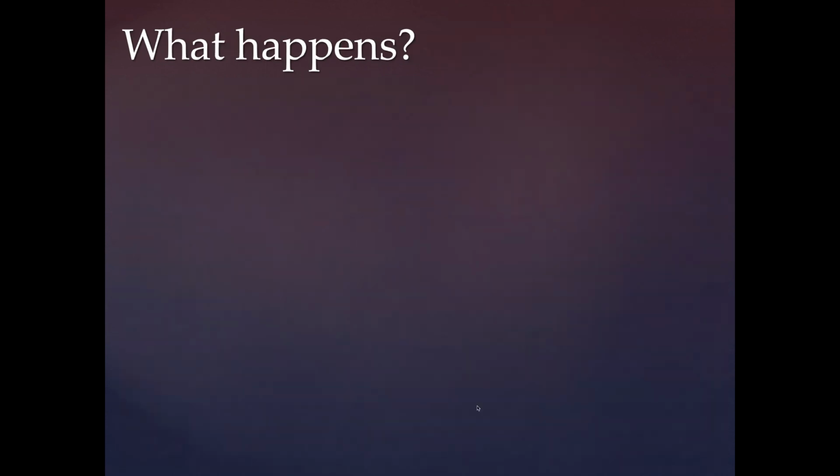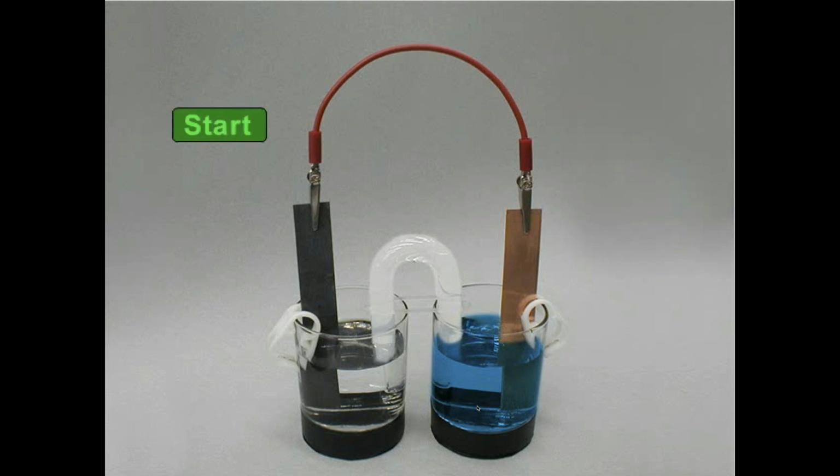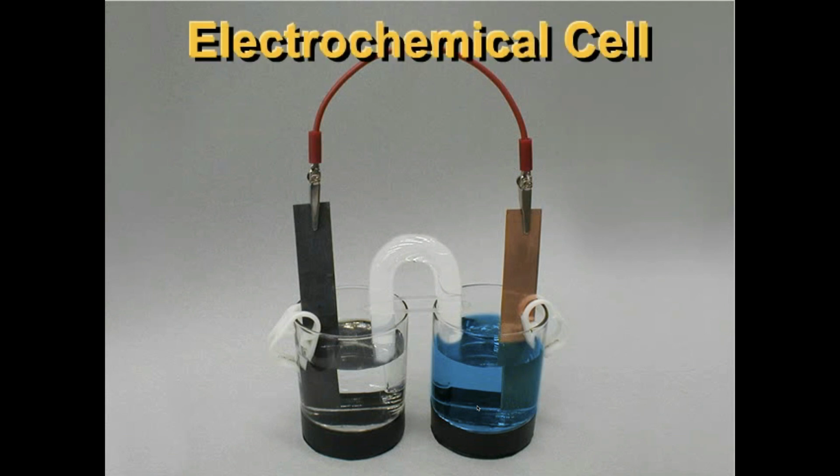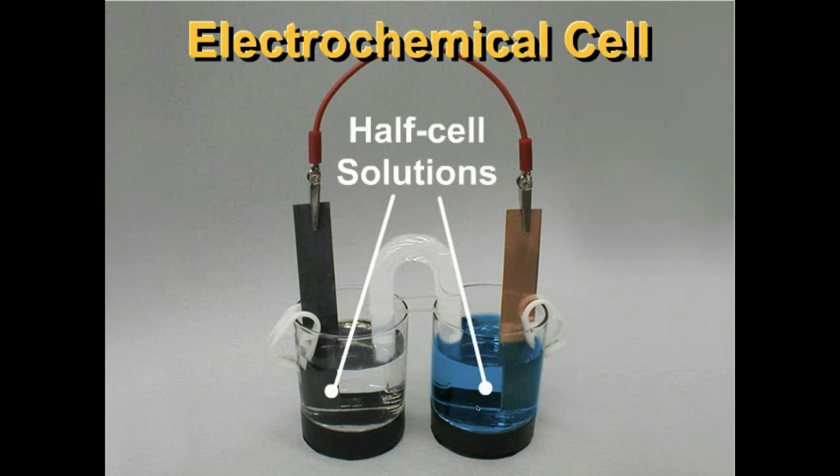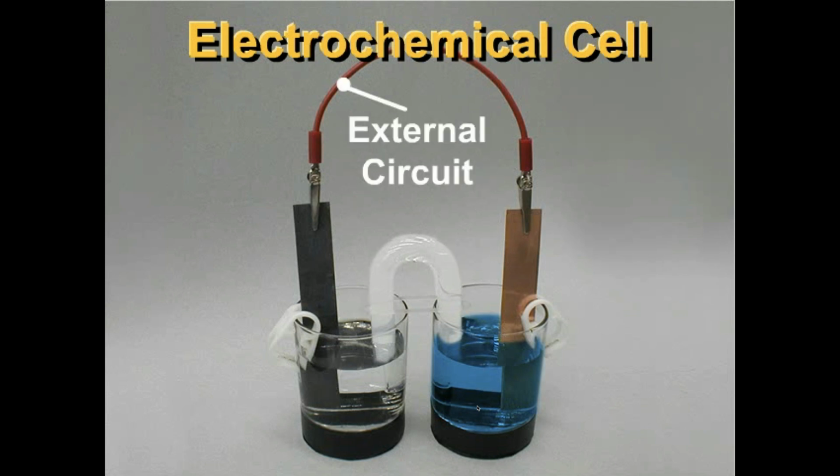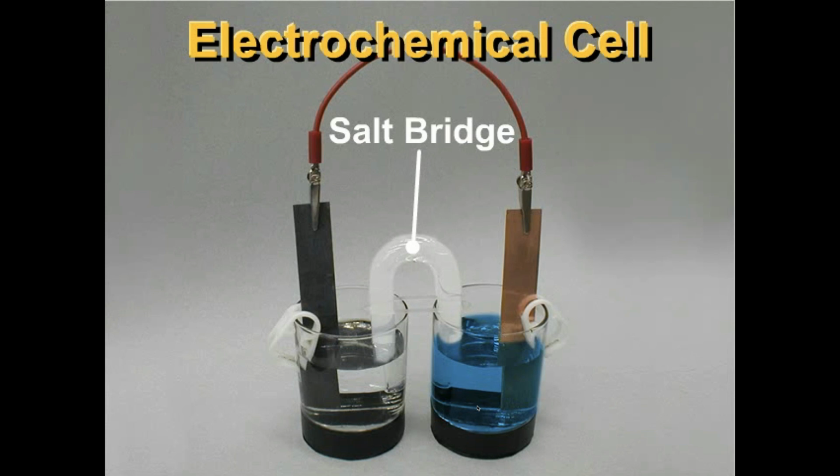So I'm going to show you in detail using these particle diagrams exactly what's happening through each step of the way. So in this particular electrochemical cell, which is a generic term for any cell that has electricity associated with it, these are the parts that we have. All right, I've shown you all of these various parts.